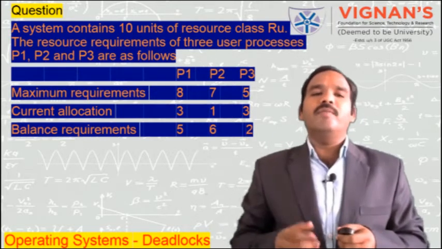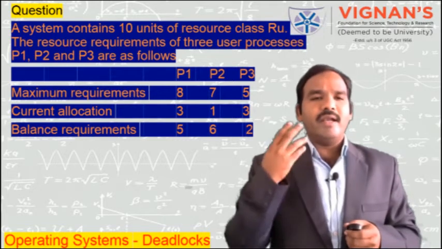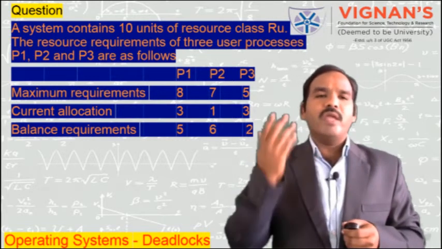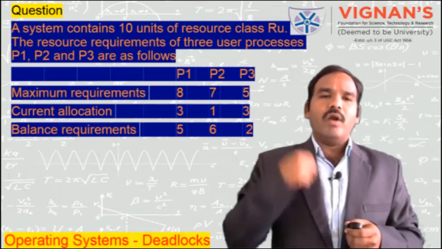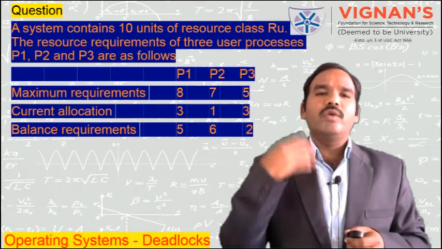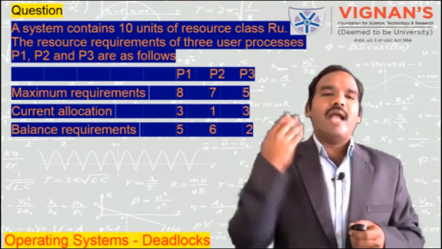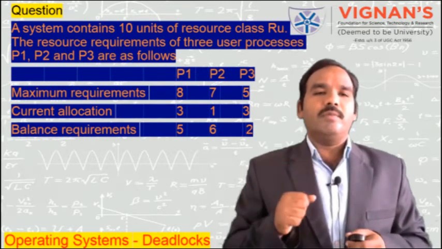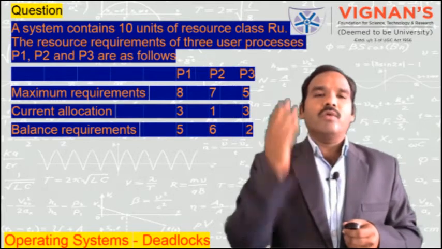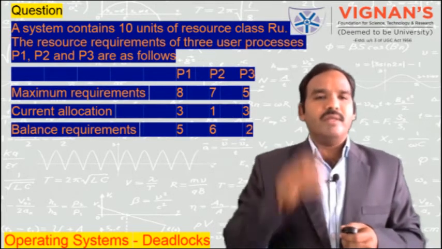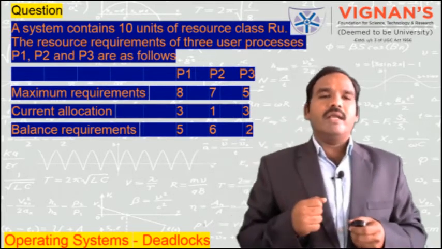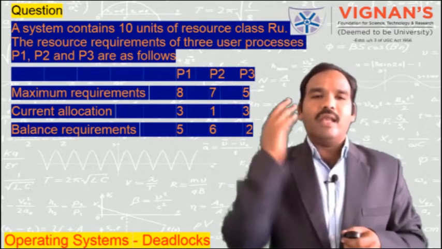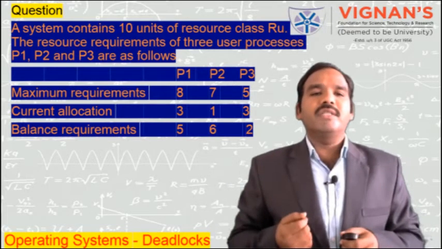In this problem, there is no guarantee of the names; in every problem they may use different names. So according to the name they used, you can interpret the actual data structure used in the given question. So maximum requirement is the maximum data structure, and current allocation information they have given.